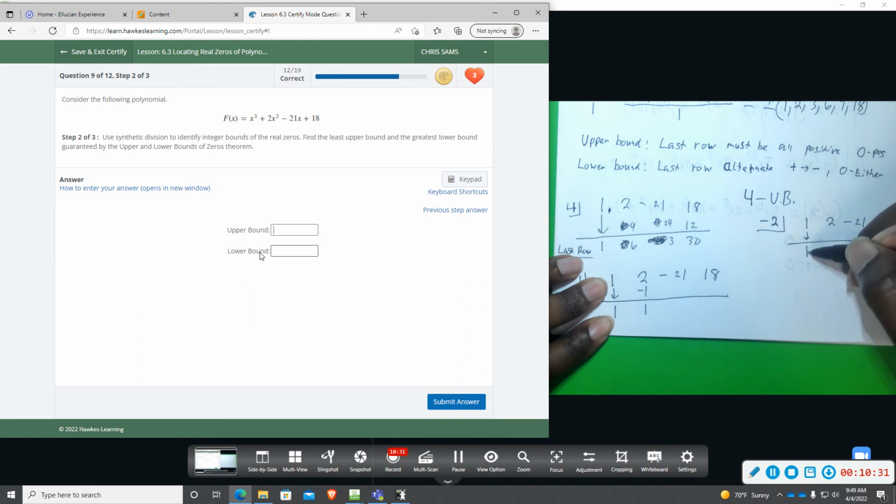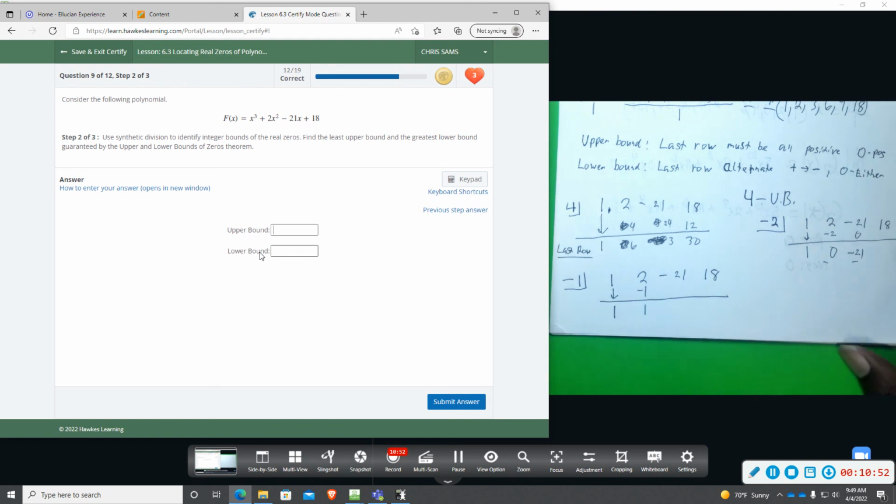Negative 2 times 1 is a negative 2, and then combine, 0. So I got a positive. This 0 can be either. It can count positive or negative. So I got a positive, I got a negative. Negative 2 times 0 is 0, and then a negative. So this is 2 negatives in a row. So that's not going to work. So I need to go bigger.